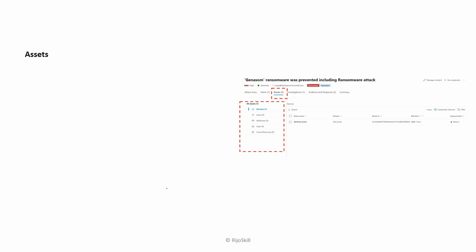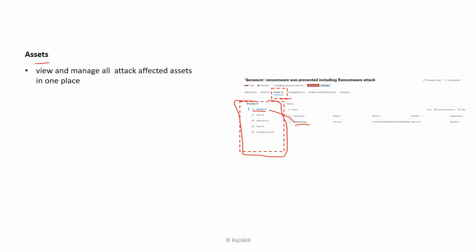Next we will discuss the assets. Assets let you view and manage all attack-affected assets in one place. This is the asset related to your incident. You can see here one device, desktop Josie, which the attack came to.